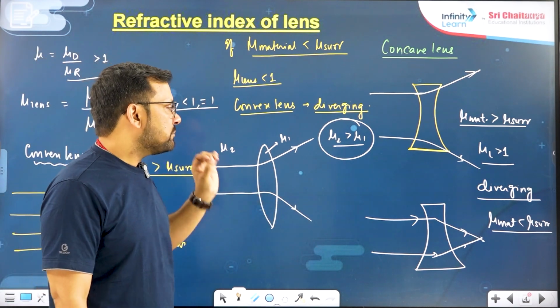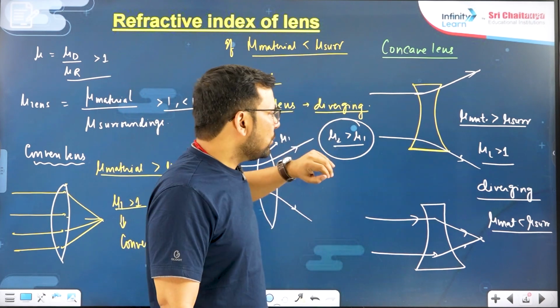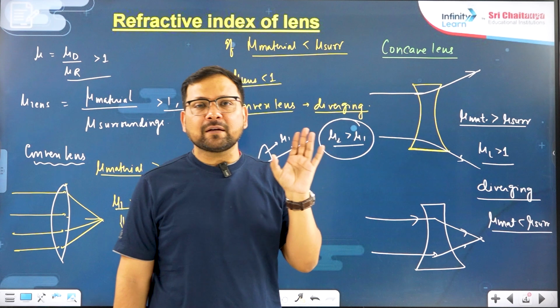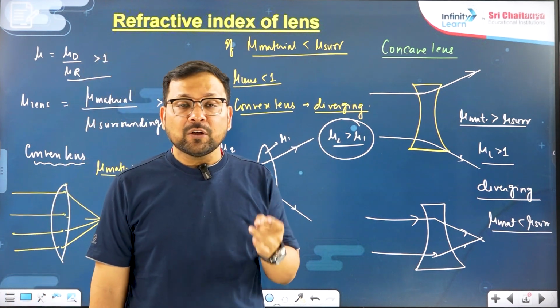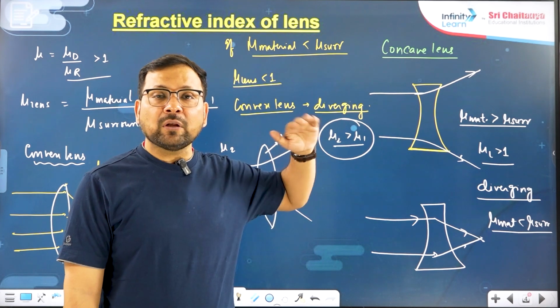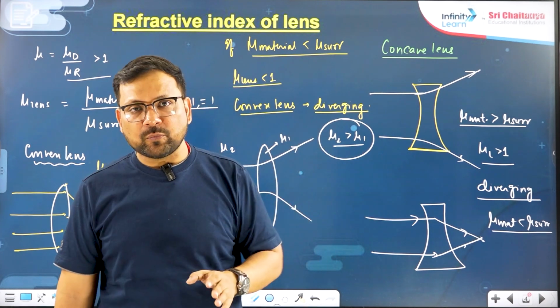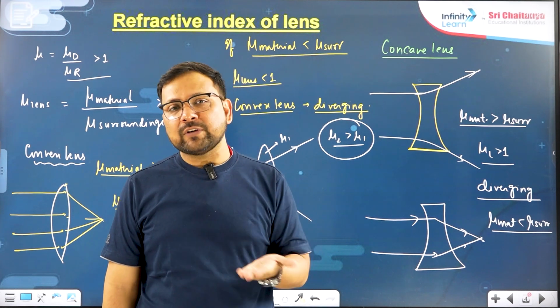So it's my simple suggestion to all of you students preparing for NEET: don't just memorize converging and diverging from the name of the lens, always go for the surroundings. Convex is converging when mu of lens is more, but concave is diverging when mu of lens is more. If these conditions are not obeyed, they will behave in a different manner.